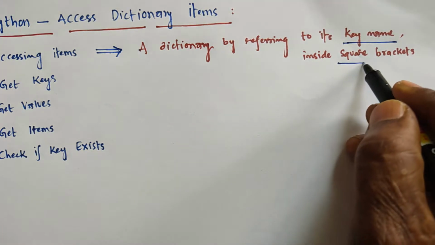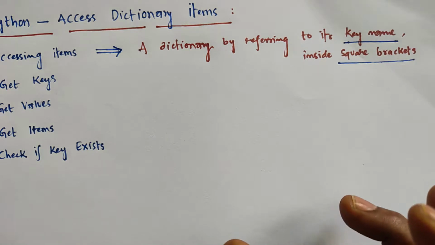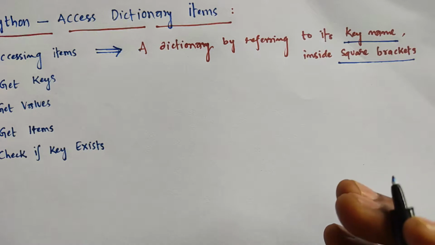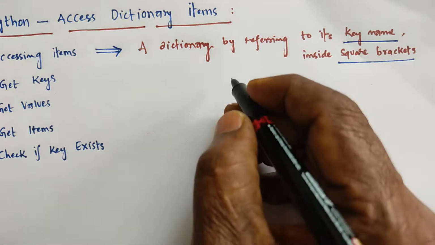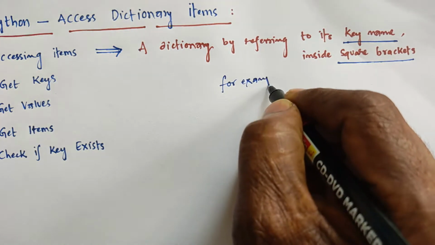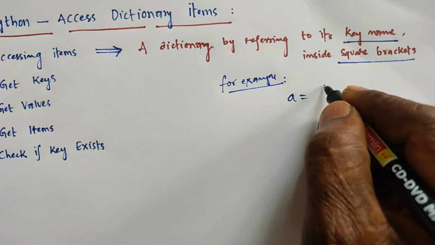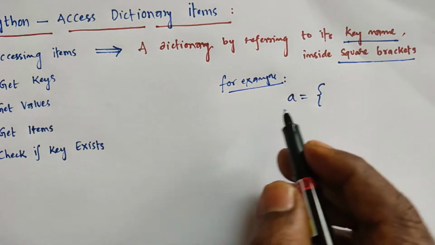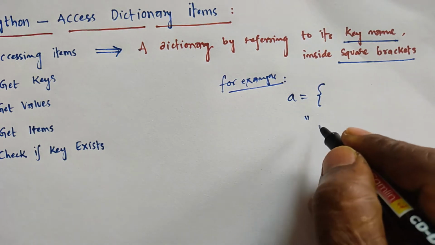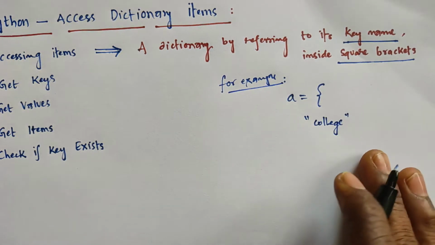Inside the key reference you have to use the square bracket. That is the most important thing to represent this. For example, take the variable a, where the dictionary is defined, and write college name.